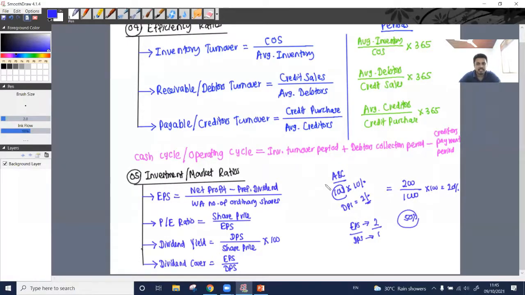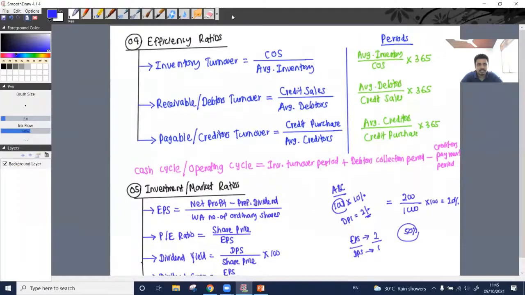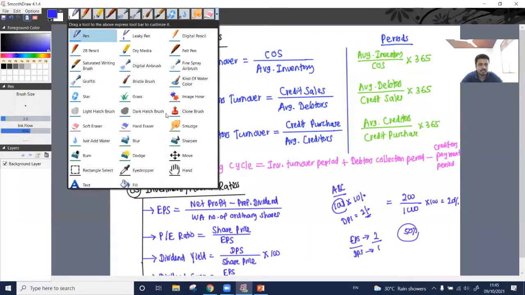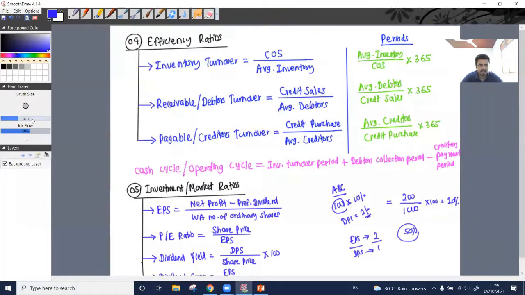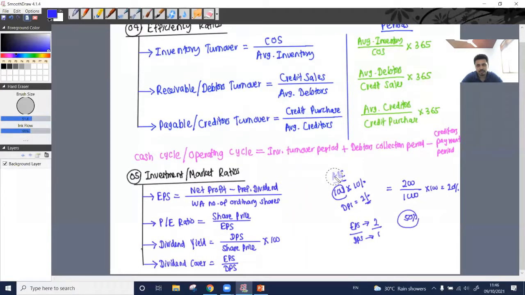So these are the key ratios that you need to know at this level. Right? Key ratios. What are the 5?